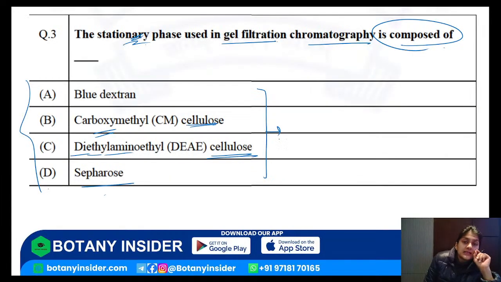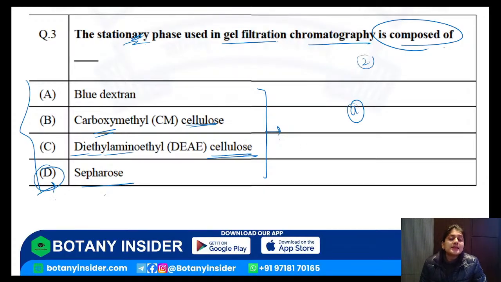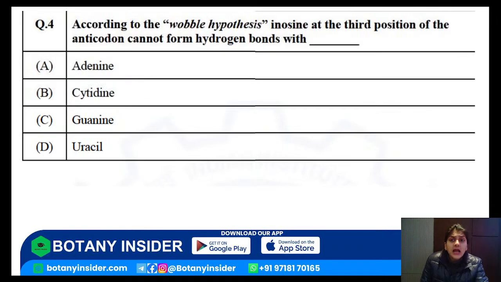So my stationary phase is usually composed of option D. Keep a note of this. All these are 2 marker, 1 marker questions, all clubbed together. You can get any question asked in the examination in any other format, maybe match the following, multiple select, or multiple choice. Any format can be asked.